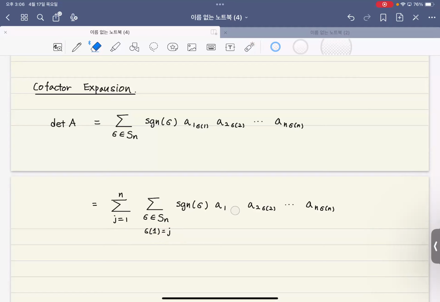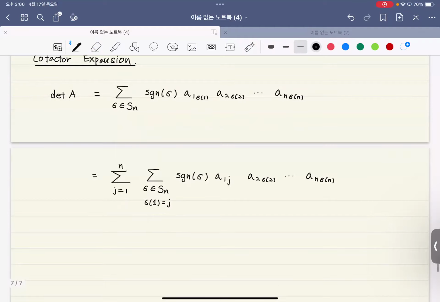Then this one can be written as 1j. Okay. Right?